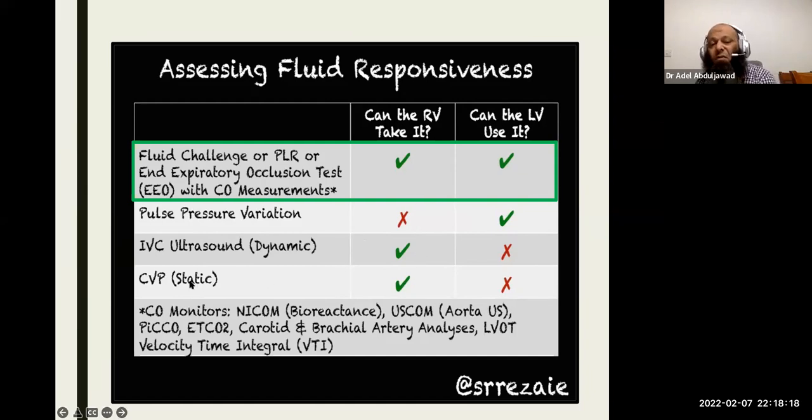While for CVP, it's CVP measurement or right atrial pressure measurement. Again, it's static, not dynamic, and has many fallacies, especially if the patient has tricuspid regurgitation, right atrial dilatation, or is mechanically ventilated with high PEEP. So again, it's a static parameter we cannot rely on.